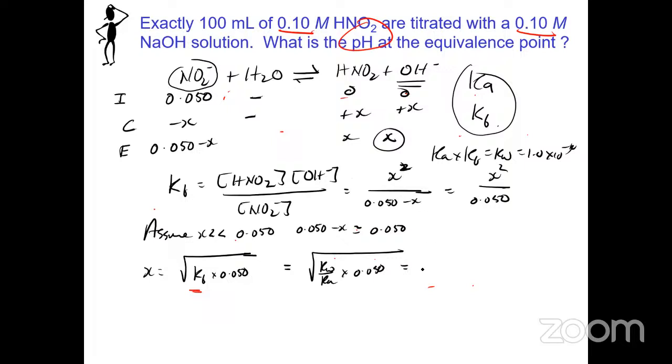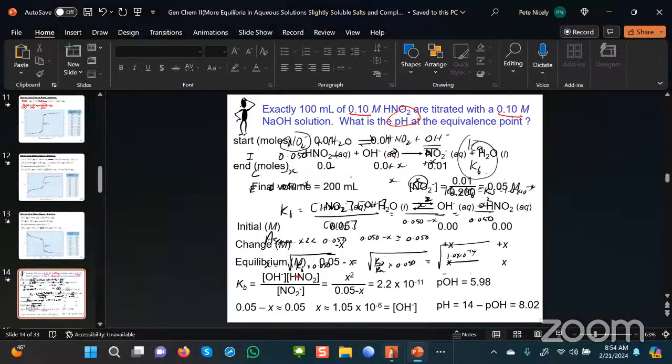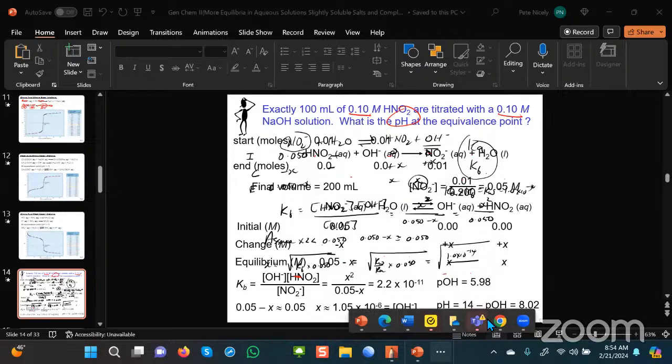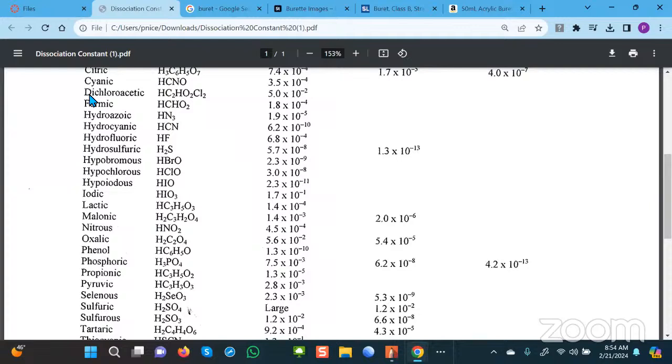If we put the numbers in, you're going to get 1.0 times 10 to the minus 14 divided by Ka, which I have to go back to the table for. The Ka for nitrous acid is 4.5 times 10 to the minus 4, which is pretty high.